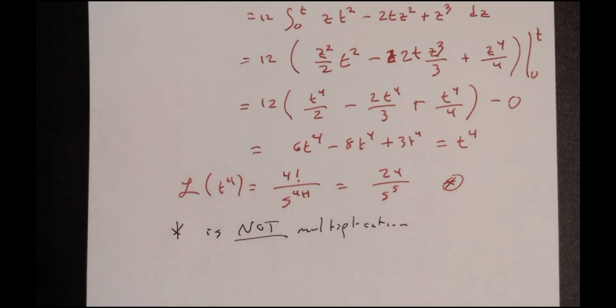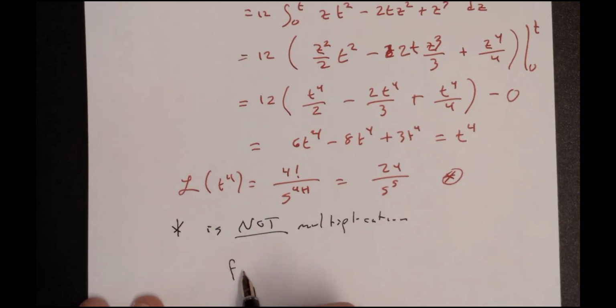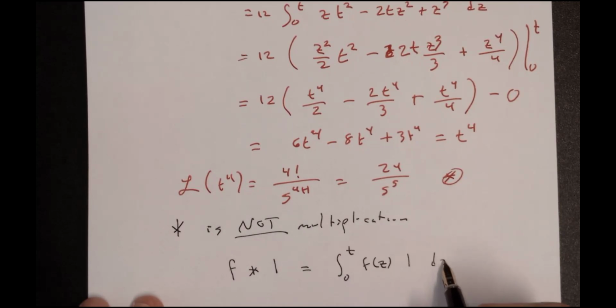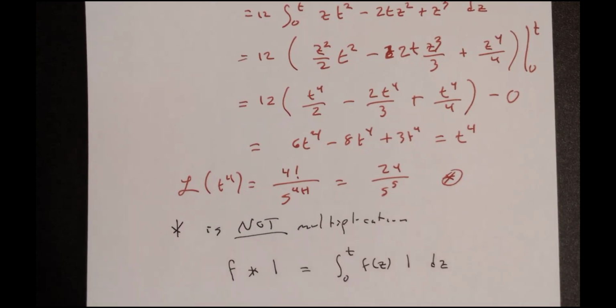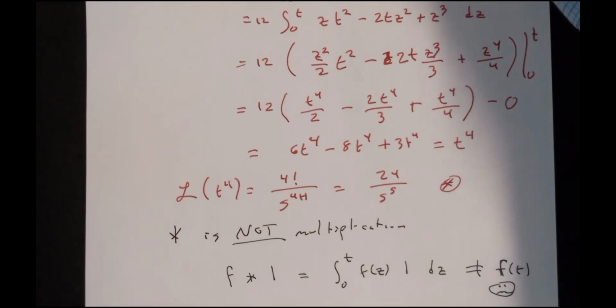Because if I think of f star 1, that would be the integral from 0 to t of f of z times 1 dz. That's not f, that's the integral of f. And there are very few functions that are equal to their own integral. So convolution is not really multiplication.